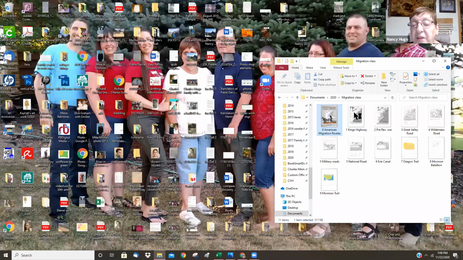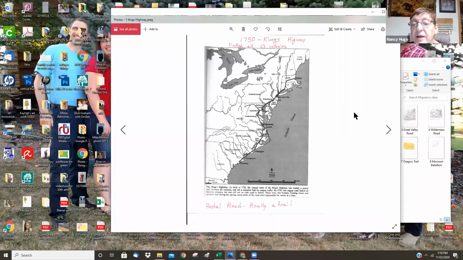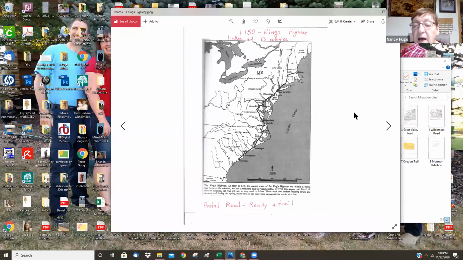Here's a picture of what the Atlantic coastline looked like when the colonists arrived. And you can see where all of the harbors are, and this is where the communities were.